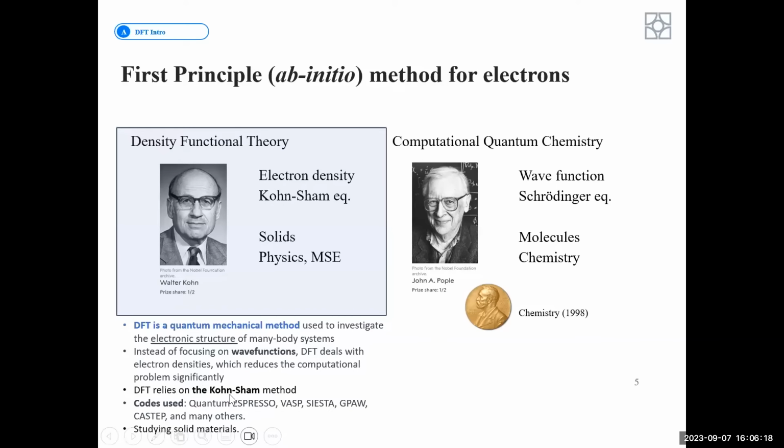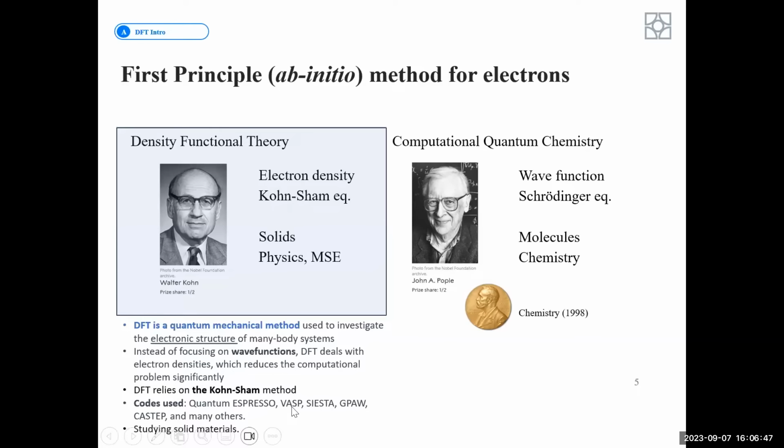So DFT again relies on the quantum method. What kind of codes using DFT calculation do you have already, or maybe you haven't heard about some codes which mainly deal with the quantum equation or the DFT calculation. The very well-known code is called Quantum Espresso. This is one code which applies the quantum equation to solve the Schrödinger equation or the DFT calculation.